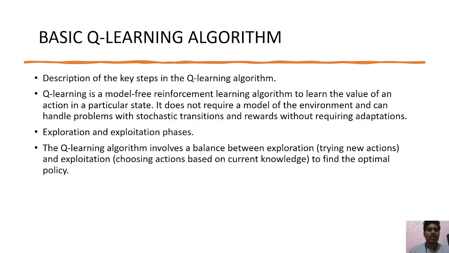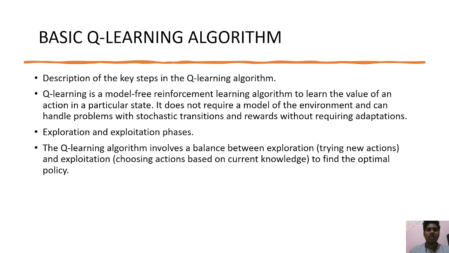So the next topic is basic Q learning algorithm. Description of the steps in a Q learning algorithm. Q learning is a model-free reinforcement learning algorithm that learns the value of an action in a particular state.